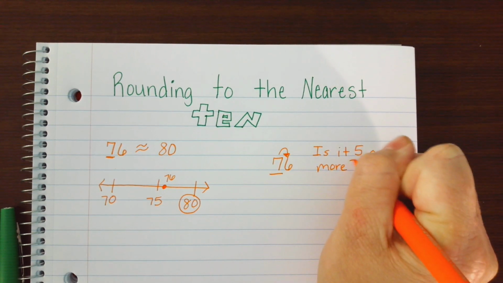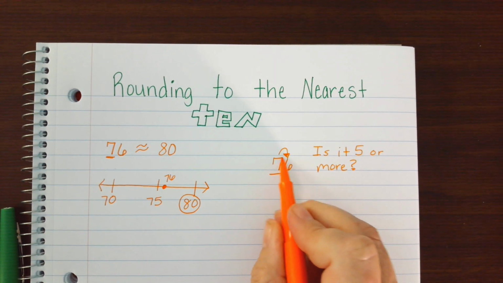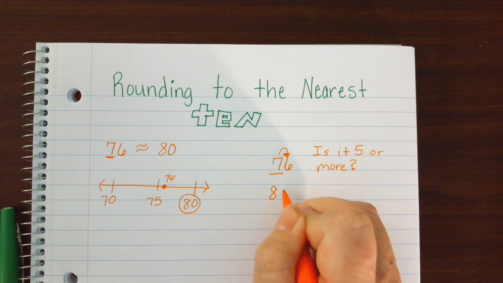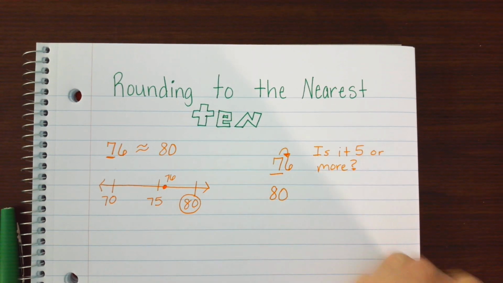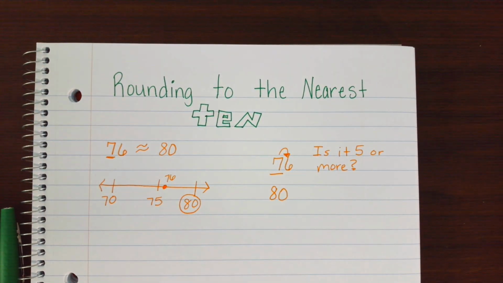That's a question. Is it? Well, it is. So that means the 7's going to go up, and everything after the place value is going to go to 0 because we're rounding. So therefore, it's going to get us to 80 both times.